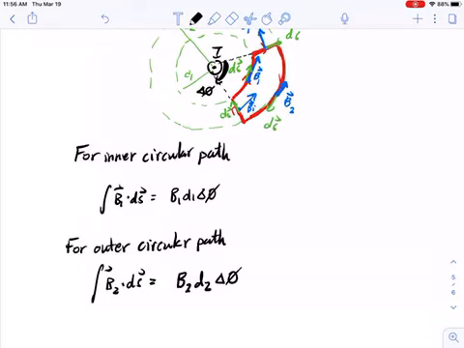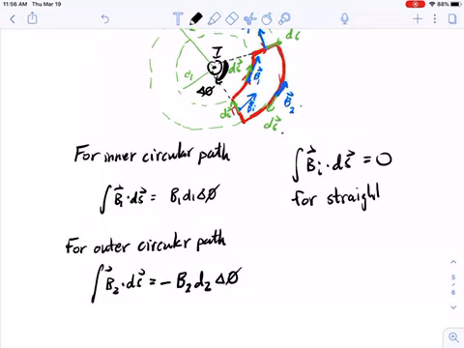The only difference is now the magnetic field B2 and the displacement element ds are anti-parallel. So when we evaluate the dot product, we're going to get the cosine of 180 degrees, which is going to be a -1. So we'll pick up a minus sign here. And BI.ds is equal to 0 for the straight line paths.